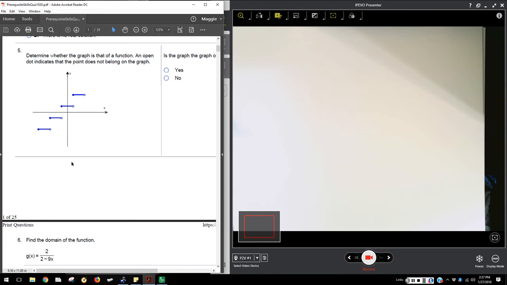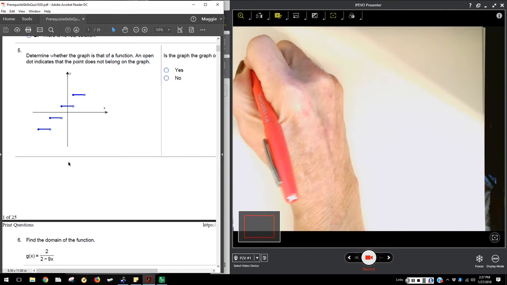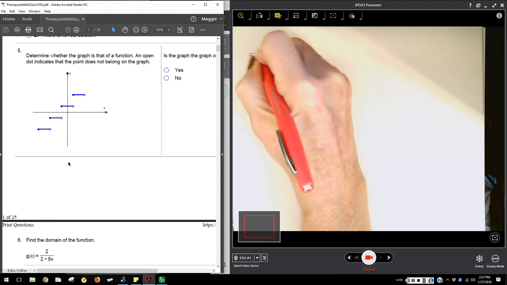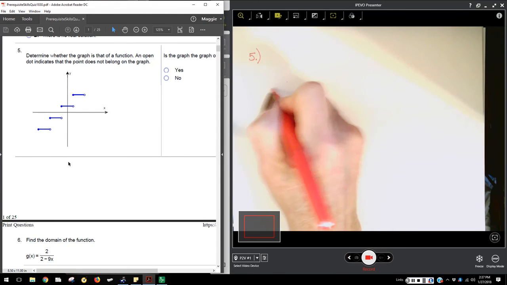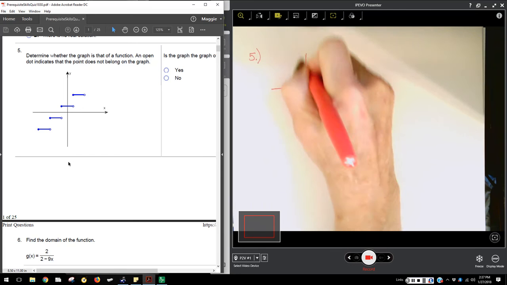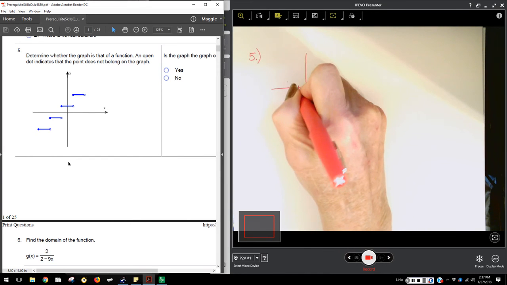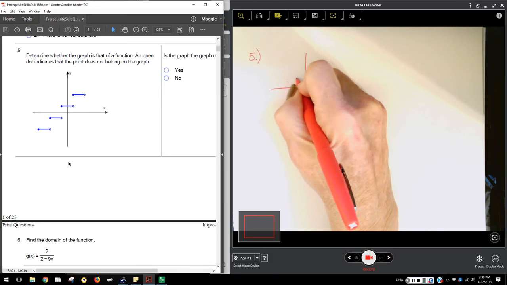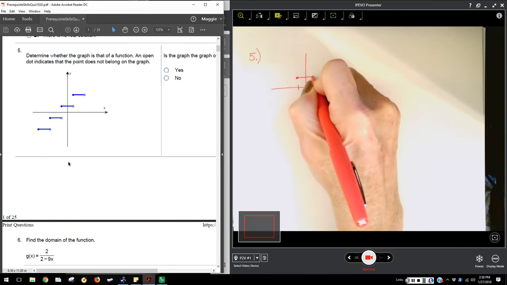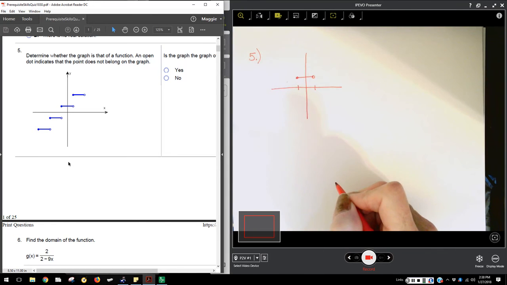So our next problem says determine whether this graph is the graph of a function. An open dot indicates that the point does not belong to the graph. I'll just draw a quick sketch of number 5 so that I can explain to you why it is or isn't a function. So what we have here is from here to here, we have that x has a constant value, whatever that value is.